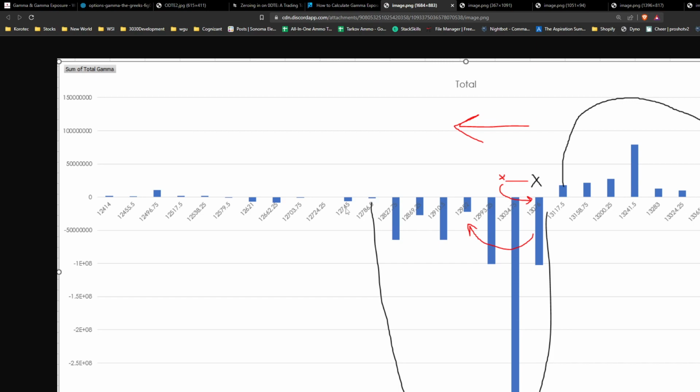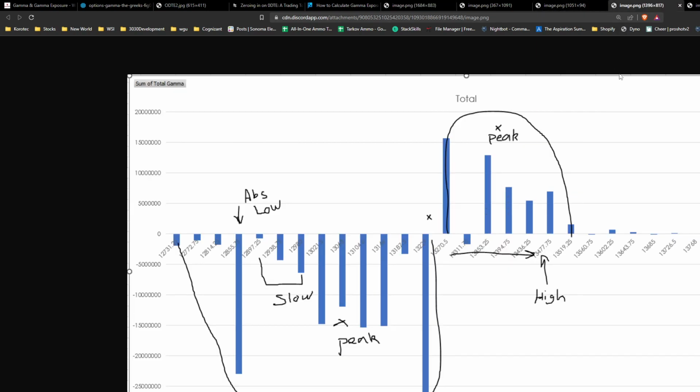I could have gone one more over, I guess, but essentially I captured the main negative gamma that was there. So, okay, we'll move on from that.